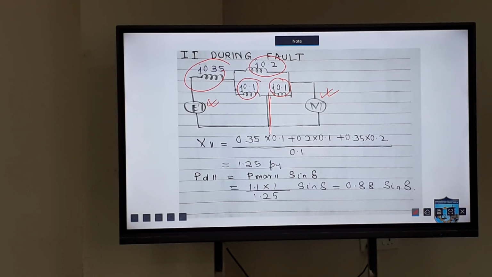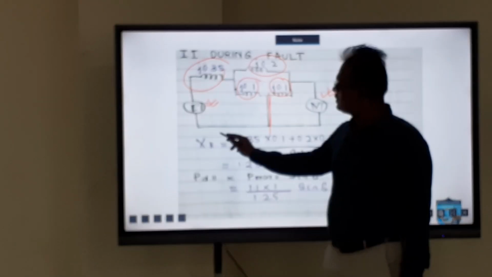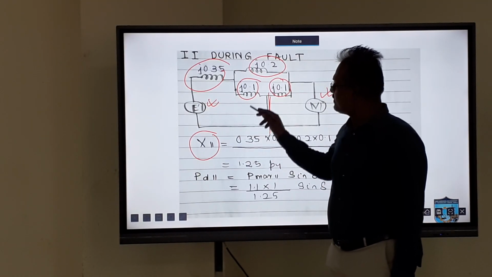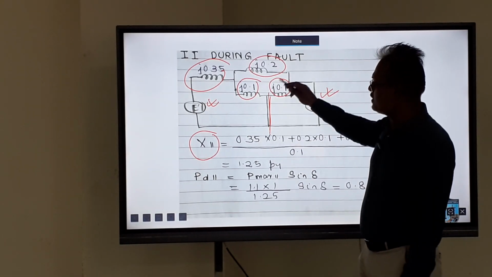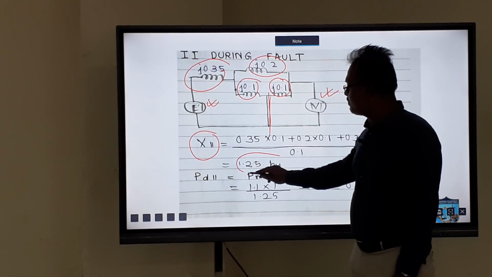What is the total reactance of the line now? Check this. How do you obtain the reactance under this condition from network theory? We get 1.25 per unit.